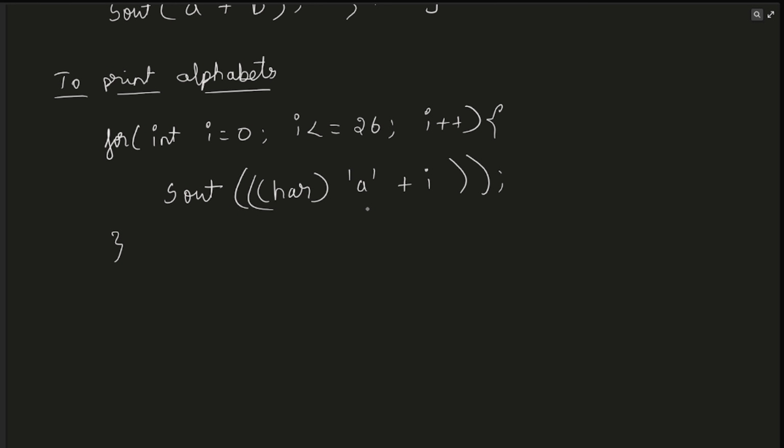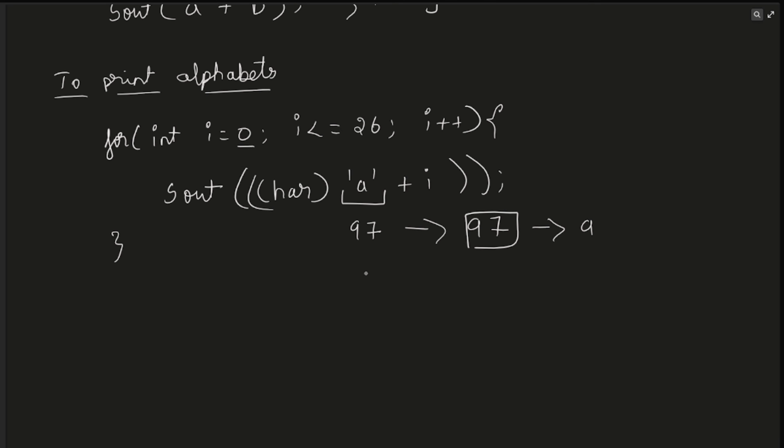As we have discussed, in Java, characters are stored as ASCII values. Small letter a's ASCII value is 97. For each iteration, it will add the value of i to 97. In the first iteration, 97 plus 0 equals 97. When we convert this to a character, it is equivalent to a.